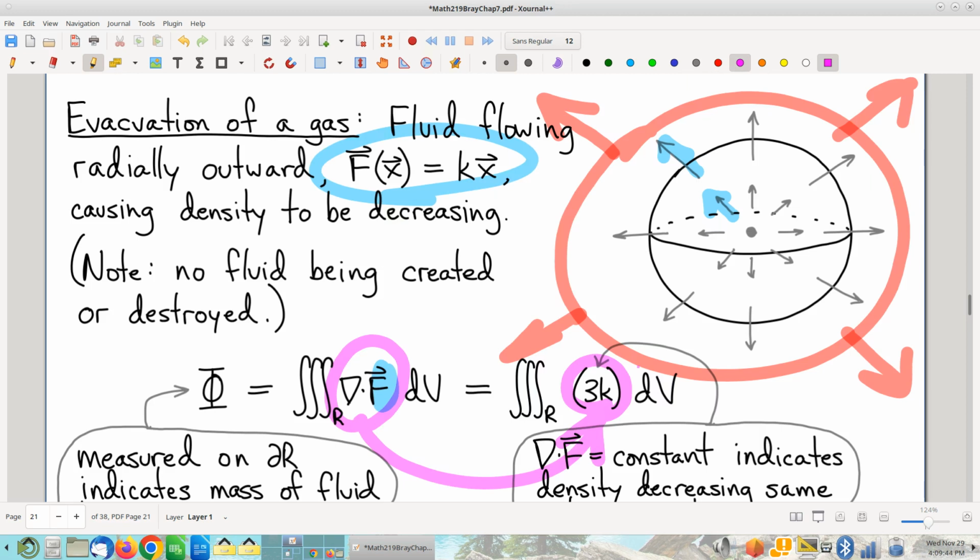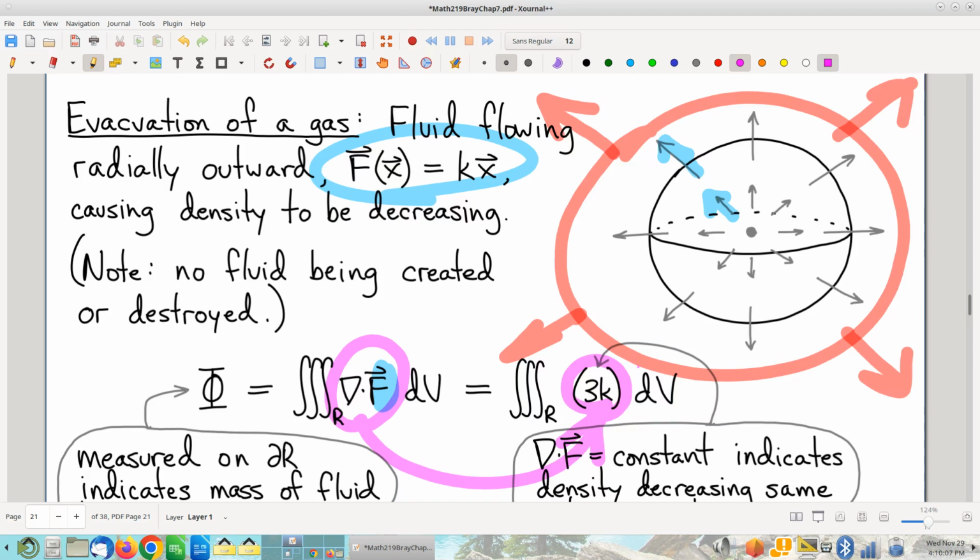The divergence ends up being 3K, good exercise. Take this vector field, write it in coordinates. Take the divergence using the formula, which is in terms of the coordinates. You'll find that you get 3K. Make sure you can get that. If you can't, come to office hours, we'll talk about it. But make sure you get 3K as the divergence for this vector field.